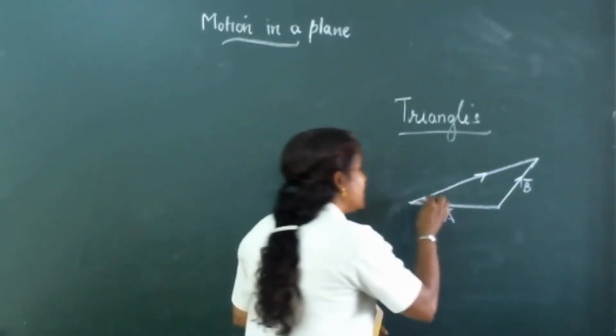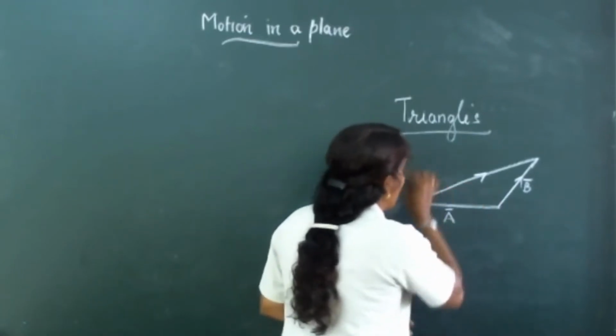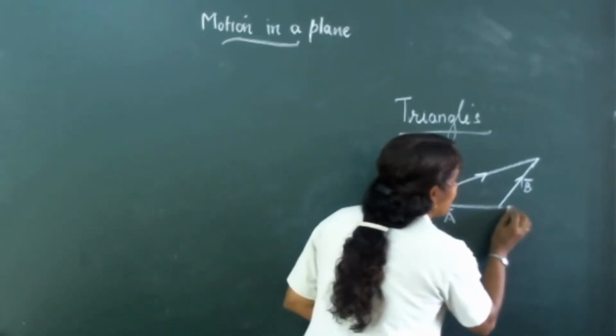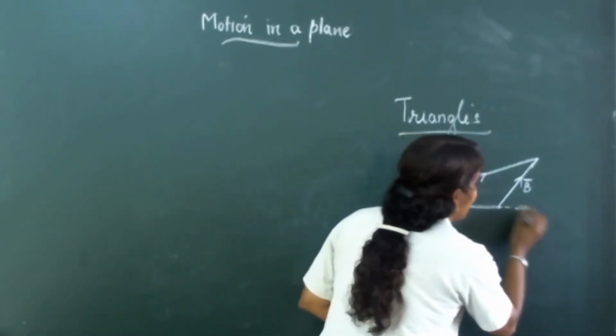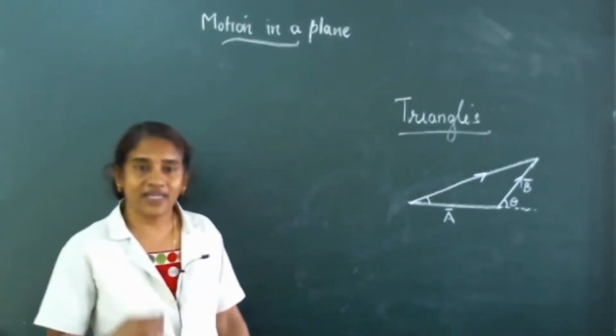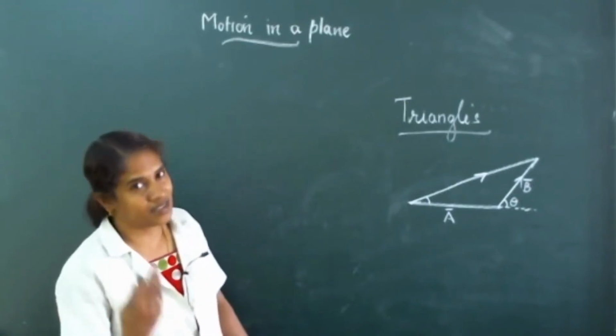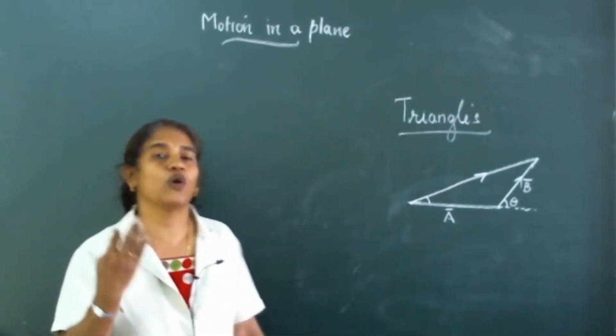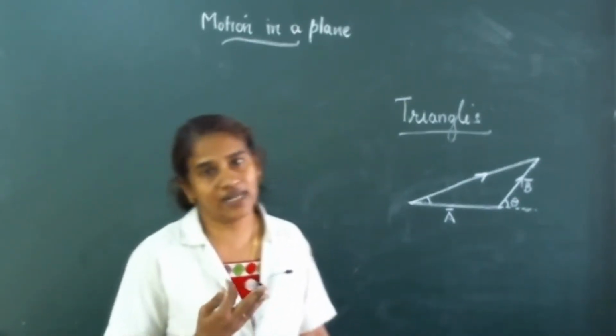Let the angle between the direction of vector A and the direction of vector B be theta. Then let us find out what the resultant vector's value is and what its direction will be.